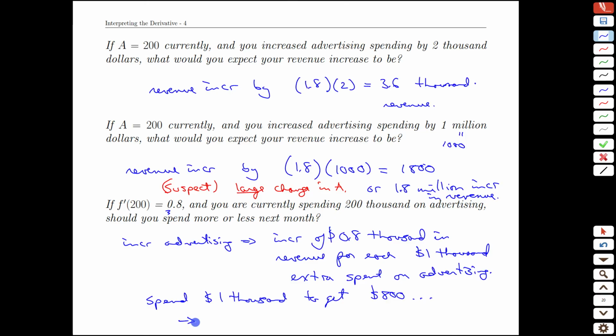So in fact, in that scenario, we should actually decrease our advertising spending, because increasing it is going to end up losing us $200. Every 1,000 we spend, we only get 800 of that back. We get some back. It's not completely wasted, but we don't make as much back as we're spending. So that indicates that we should go the other direction and cut our ad budget a little bit.